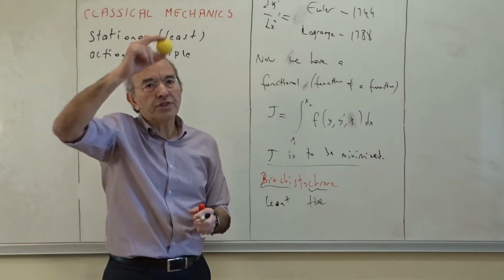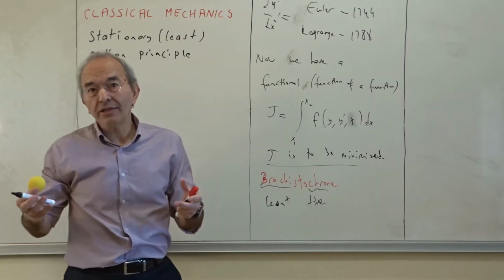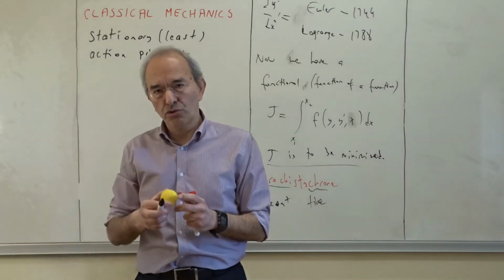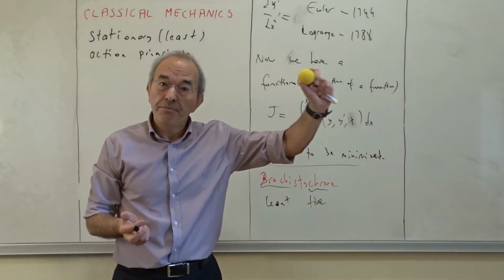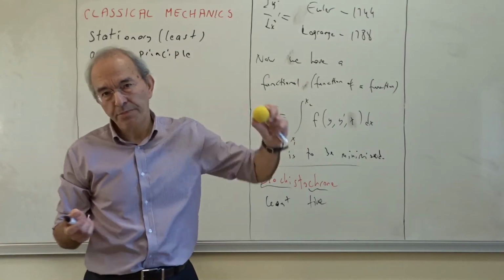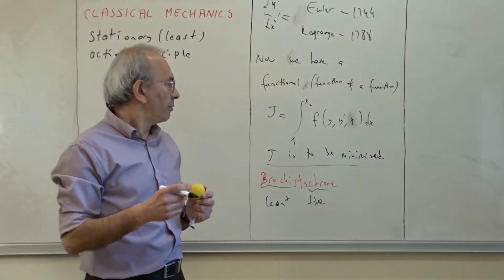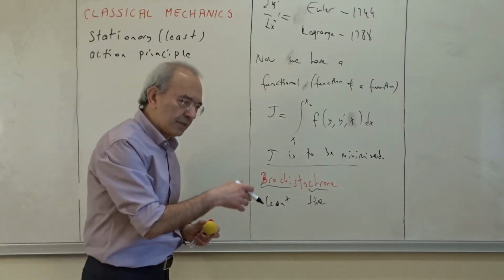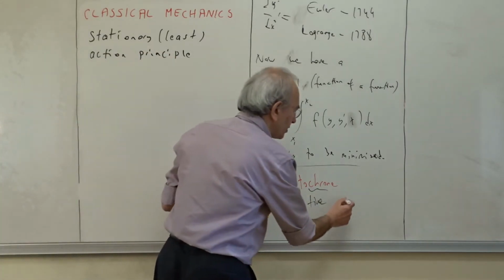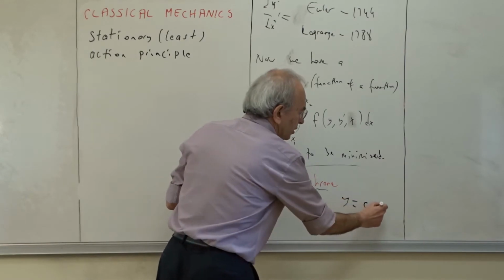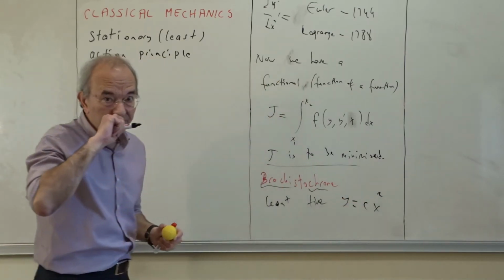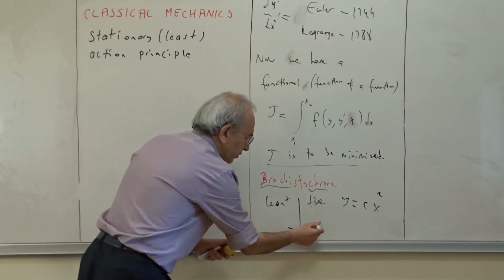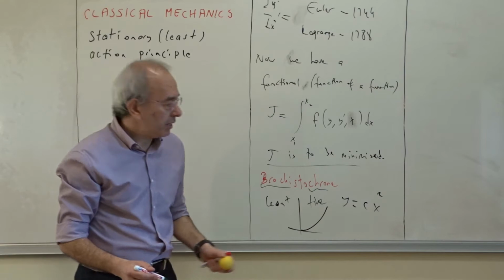If you throw this with an initial velocity, we know very well from elementary physics courses that it follows a parabolic trajectory. It's a parabola. For example, a constant times x squared is a kind of parabola. So if you plot it, this is a parabolic curve.